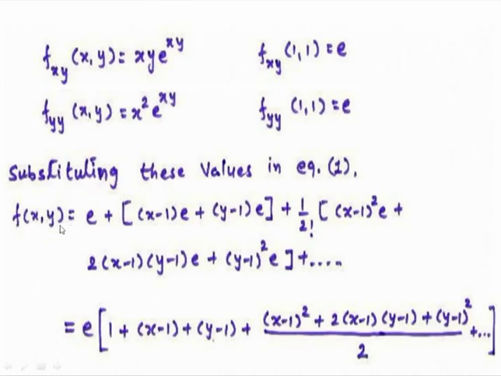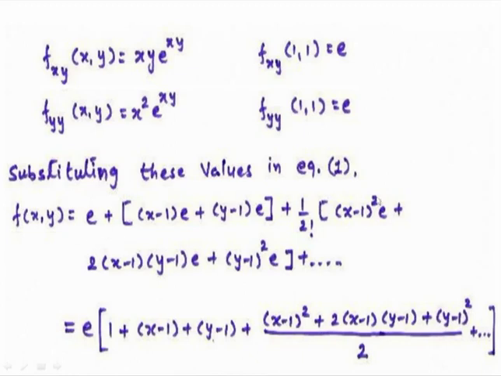So we get f(x,y) is equal to e plus (x minus 1) into e plus (y minus 1) into e plus 1 upon 2 factorial into (x minus 1) whole square into e plus 2 times (x minus 1)(y minus 1) into e plus (y minus 1) whole square into e, and so on.